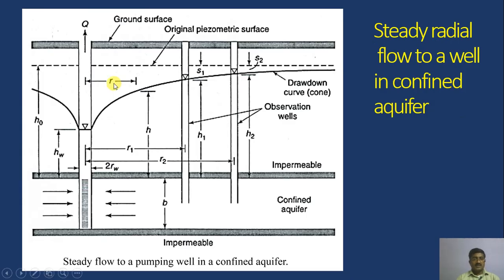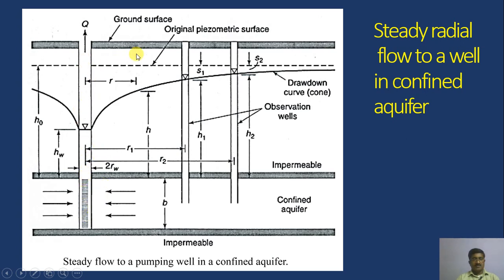Now here you can see that in the last session we discussed the confined aquifer, where the water is trapped between two impermeable layers and how the drawdown curve was obtained. These are the observation wells, and these are the radial distances of the observation wells from this particular well.